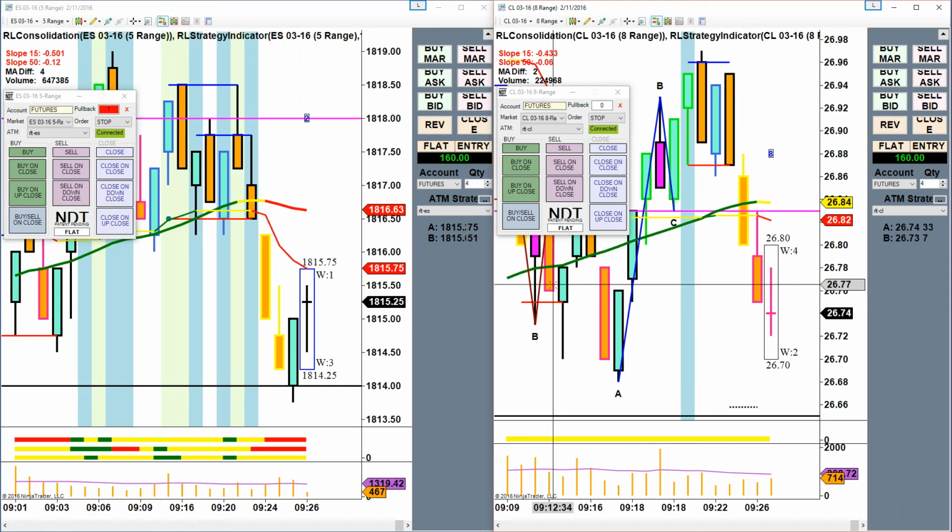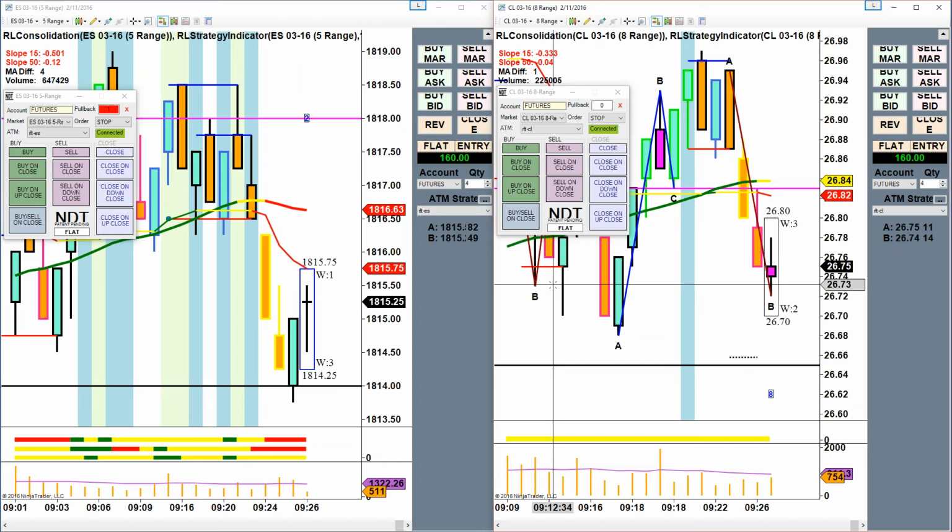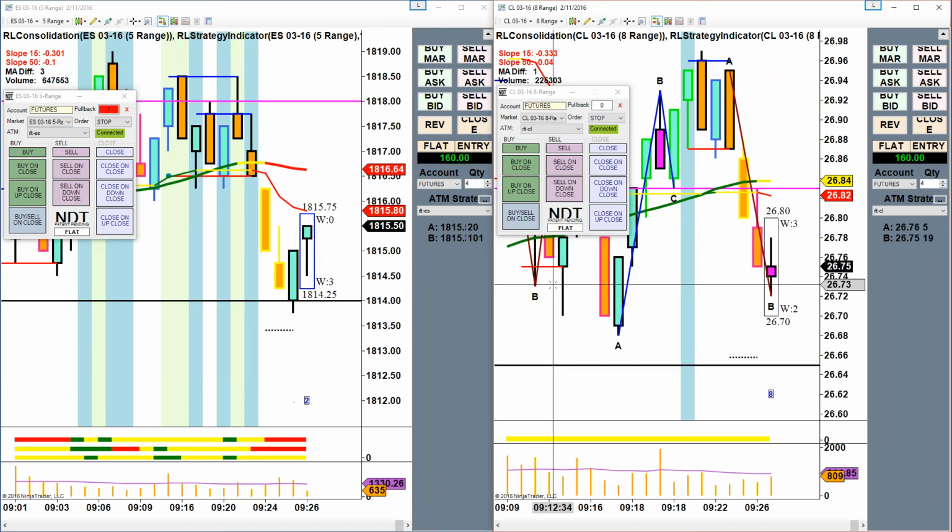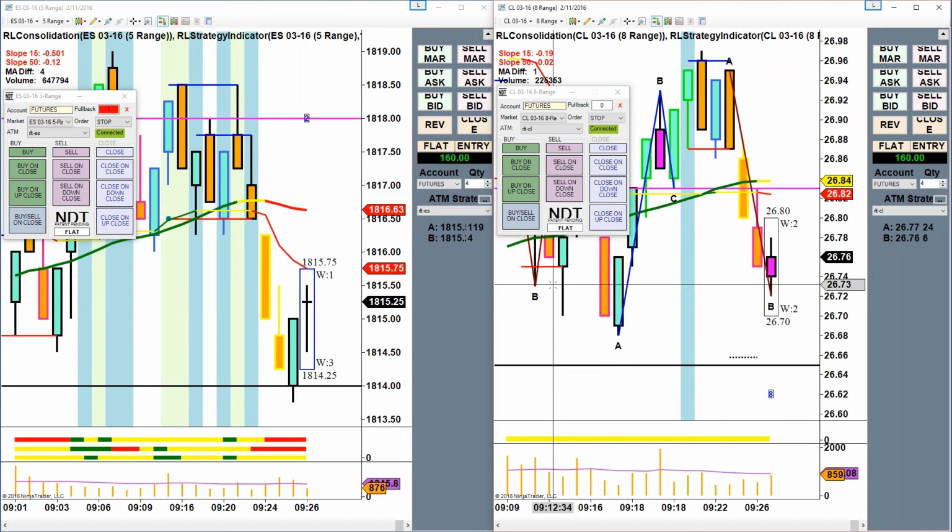Now crude is still not set up very well for a short. Four minutes before the NYSE opens.